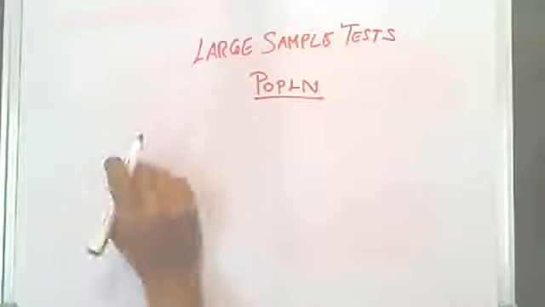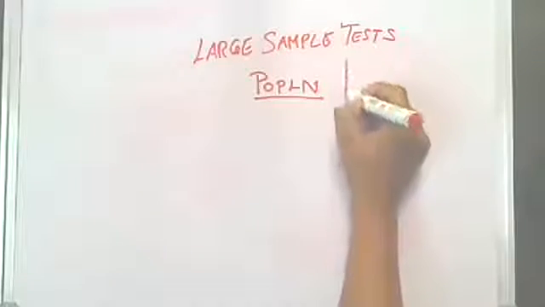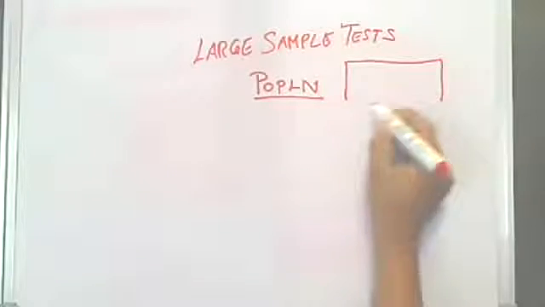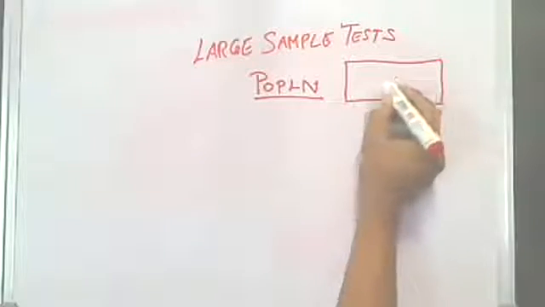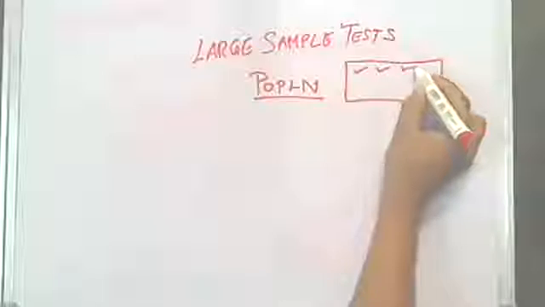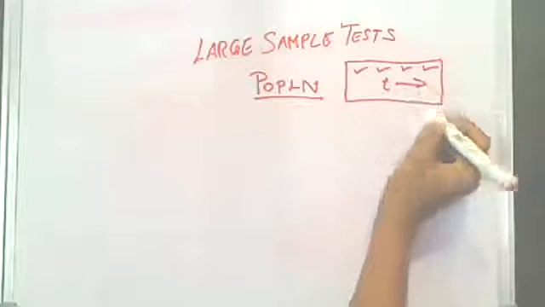Now, a population happens to be something which is really large in size. If you want to study this, if you want to go about asking questions, it's going to take you a very, very long period of time.